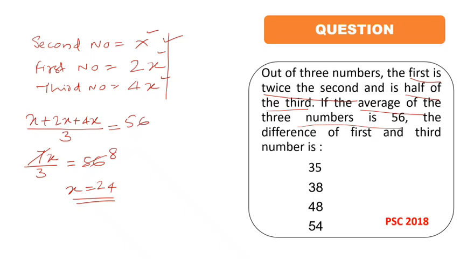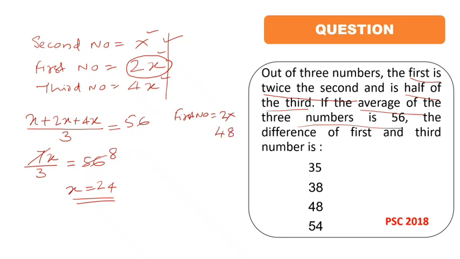What we need to find out is the difference of the first and third. The first number is 2x. We got x, the second number, as 24, so 2x will be equal to 48.